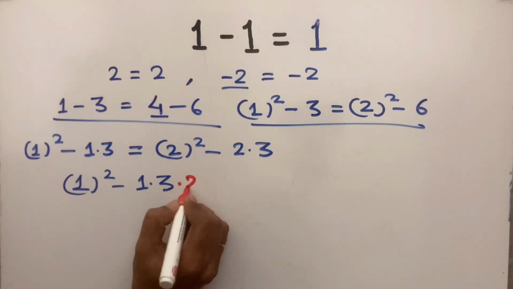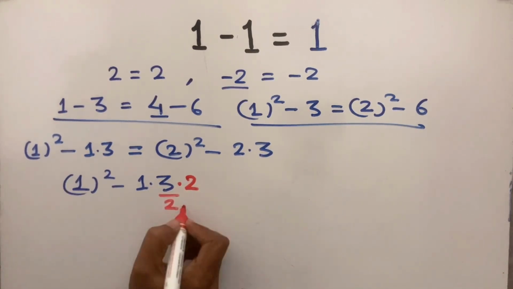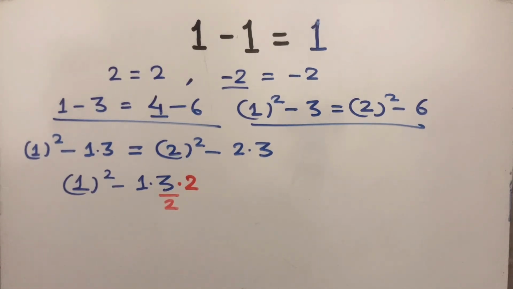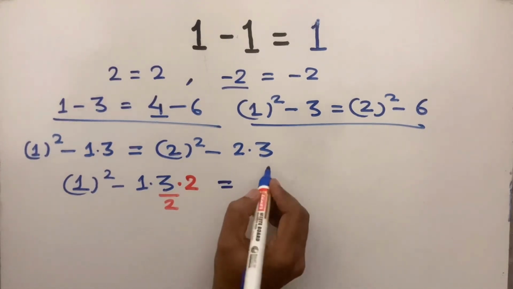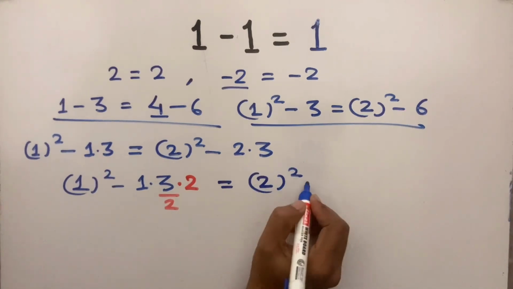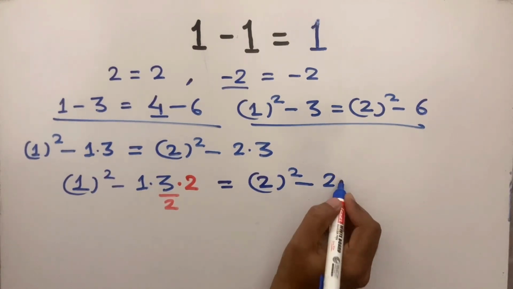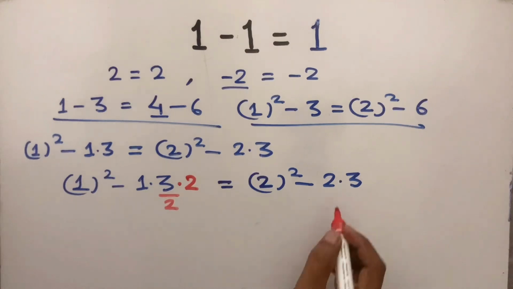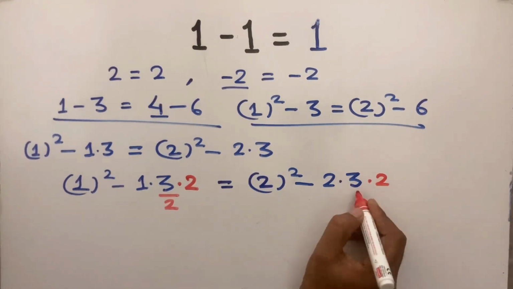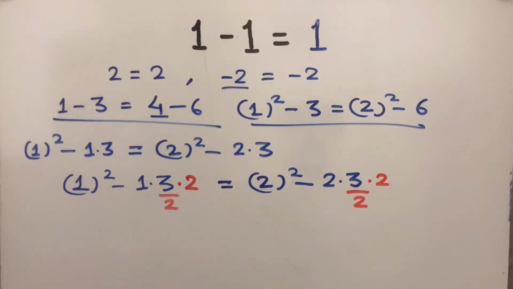Here multiply by 2 and divide by 2, is equal to 2 square minus 2 multiplied by 3. Here also multiply by 2 and divide by 2.